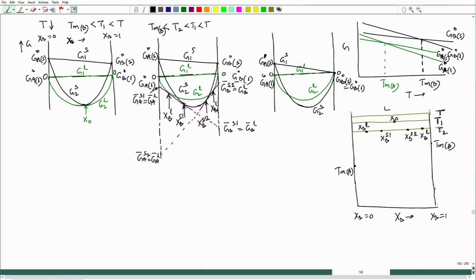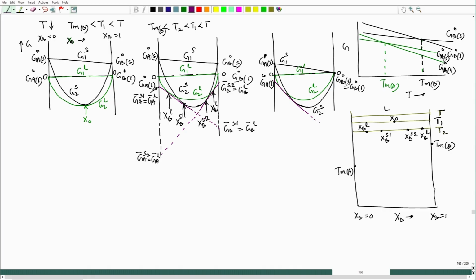Now, we see that at TMB we have one point which will be merging with TMB at composition pure metal B side, solid and liquid would have the same free energies, solid solution as well as liquid solution. But on the other side, A side, we have one more tangent, common tangent we can think of. So, this is one more common tangent.